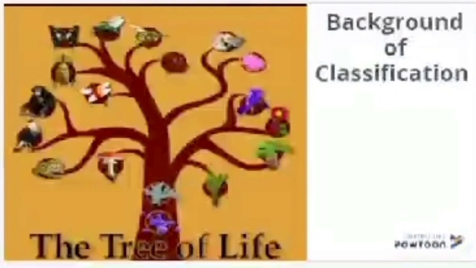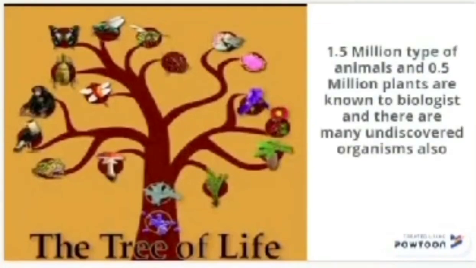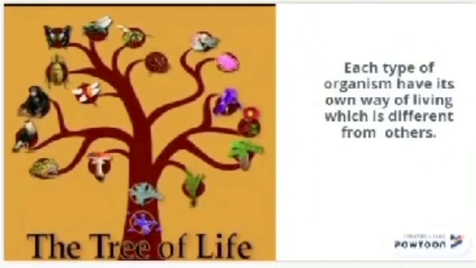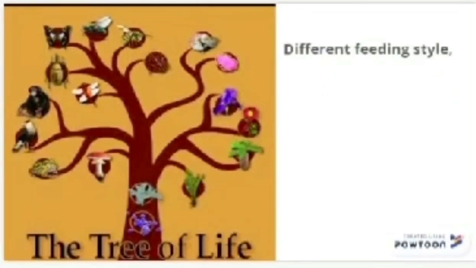Let's study about the background of classification of living organisms. There are almost 1.5 million types of animals and 0.5 million types of plants which are known to biologists. And there are many undiscovered organisms also. Each type of organism has its own way of living, which is different from others. They have different feeding styles, different ways of moving.